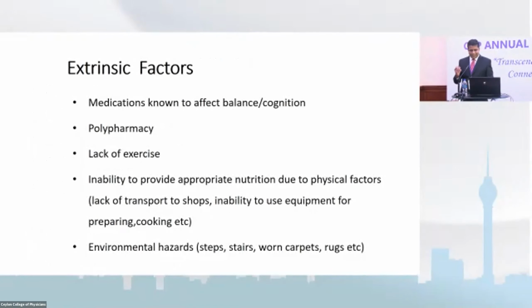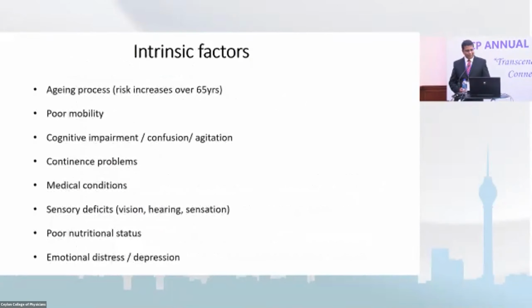So extrinsic factors are actually medications. Any medications like sedatives cause falls; it's a high risk. Polypharmacy, lack of exercise, and immobility cause physical deconditioning, and those add up to this. And other things like nutritional problems and environmental hazards.